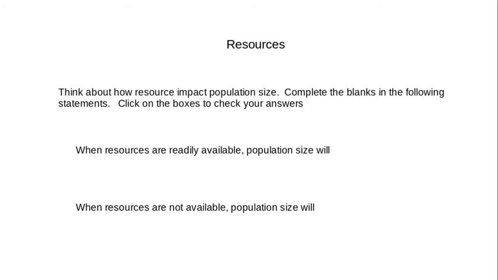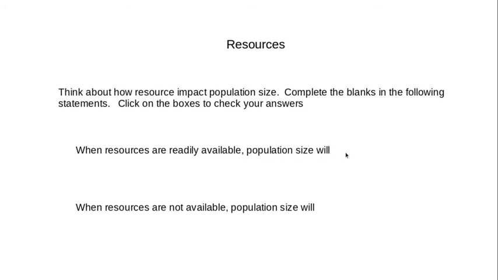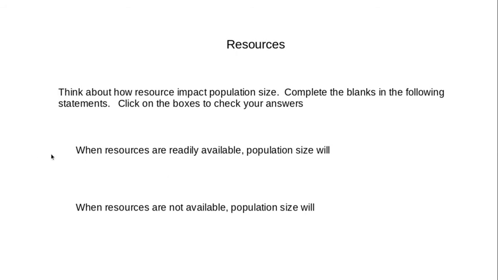All right, so it says to click on the boxes here. I'm just going to tell you the answers. When resources are readily available, population size will, and you're going to write increase. When resources are not available, population size will decrease. So you might want to pause this and write the sentence down.